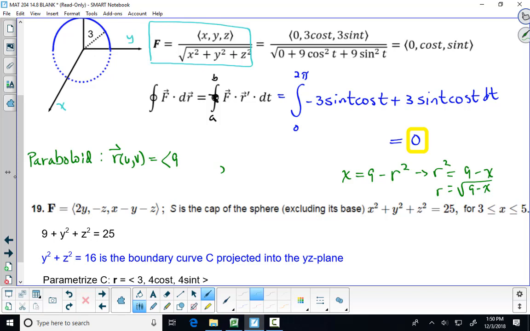So let's do it this way. Let's let this be u, and that's just going to go 0 to 9. And if that goes 0 to 9, then can't we do square root of 9 minus u times cosine v, comma square root of 9 minus u times sine v?